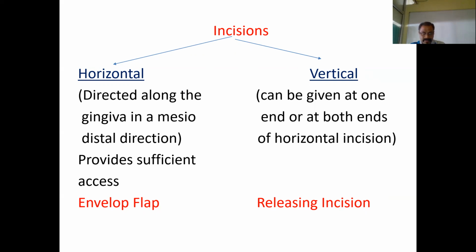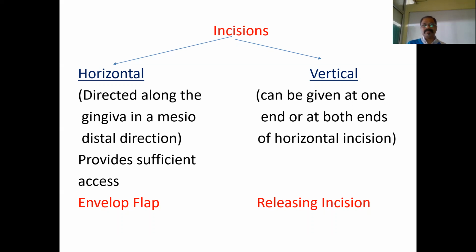Now, once you give an incision and once you reflect or elevate a flap, it provides sufficient access to the root surface as well as to the bone surface. These types of flaps are called envelope flaps.